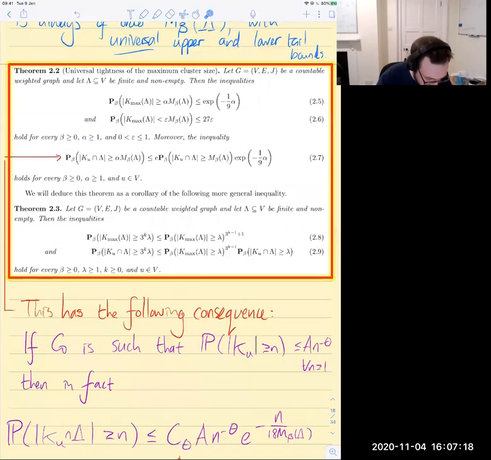Similarly, if I fix a specific vertex and ask for this intersection to be bigger than 3 to the k times lambda, where lambda is again just an arbitrary number, this is bounded by a similar factor, one smaller, which doesn't really matter, times the probability that the intersection is bigger than lambda. And you can see how this statement is going to imply this one by basically taking lambda to be the typical value and k to be log base 3 of alpha.